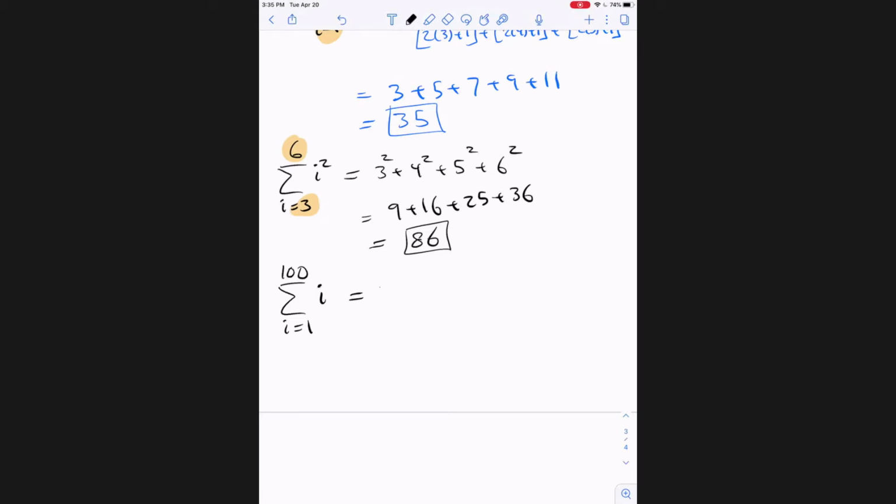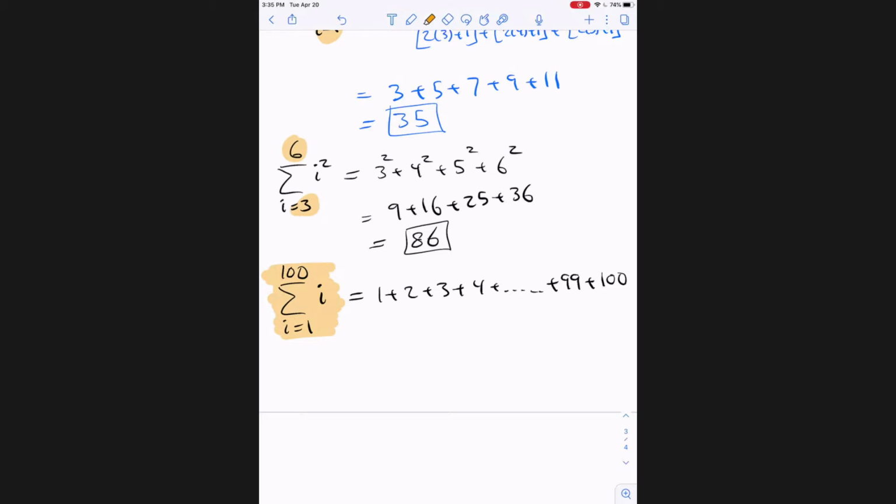So this would mean 1 plus 2 plus 3 plus 4 plus ... plus 99 plus 100. Instead of writing all 100 numbers out, in math we just write it like this, and it tells us to add up the numbers 1 through 100, but written in very small terms.